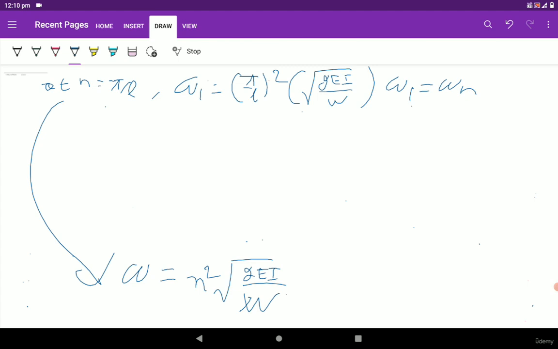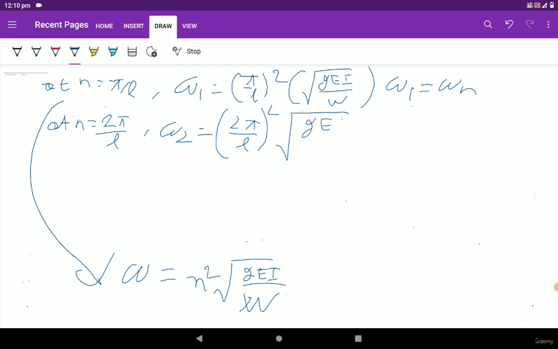At n equal to 2 pi by L, we are going to get omega 2 is equal to 2 pi by L whole square under root of gEI upon W. So we can see that omega 2 is equal to 2 square times omega 1.